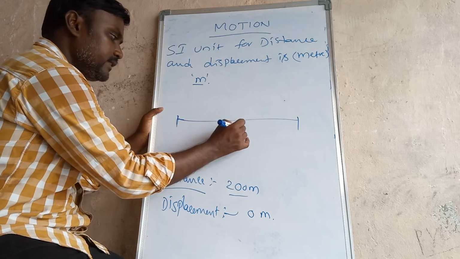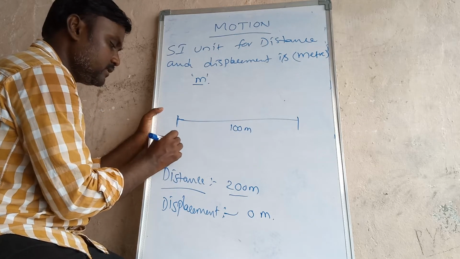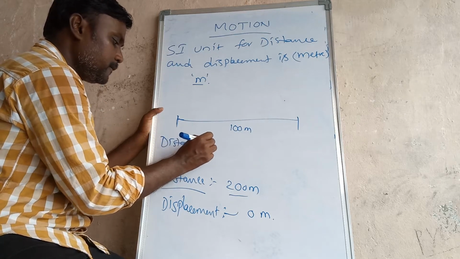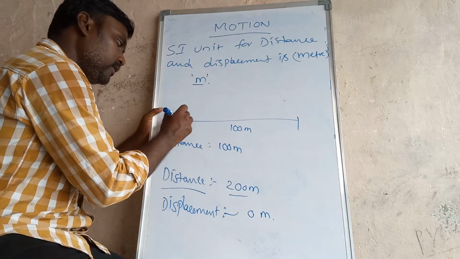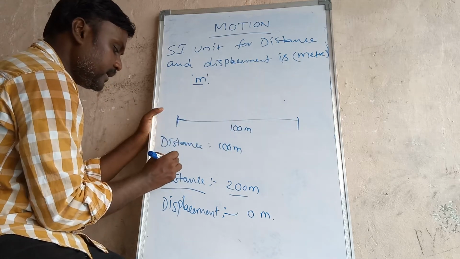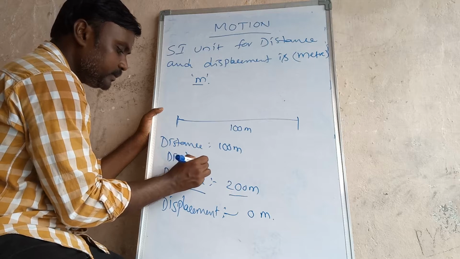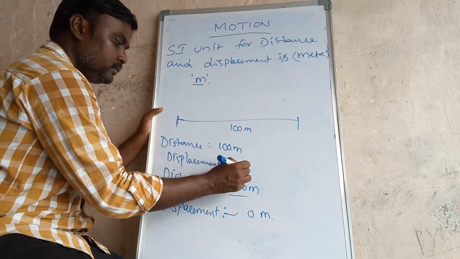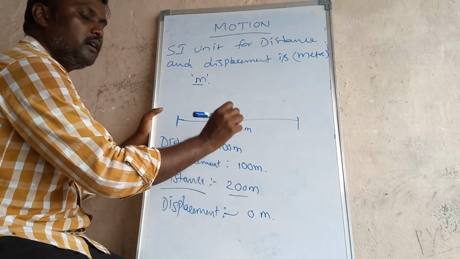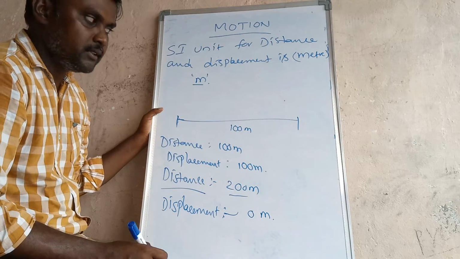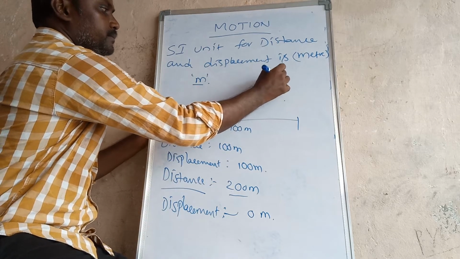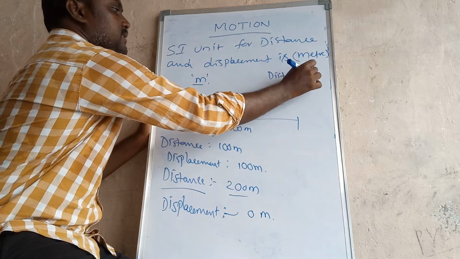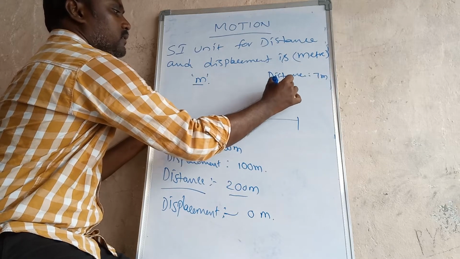In this particular case, distance is the total path length, from here to here. Displacement is also 100 meters. Same thing. So in the first example, distance is 7 meters and displacement is 5 meters.